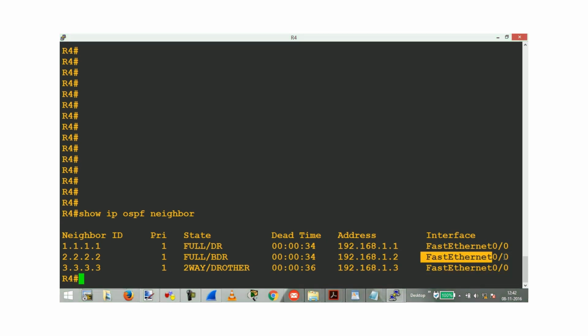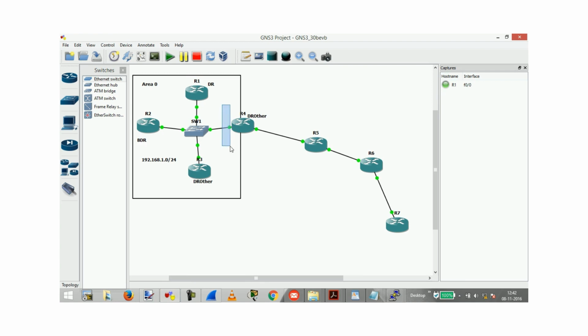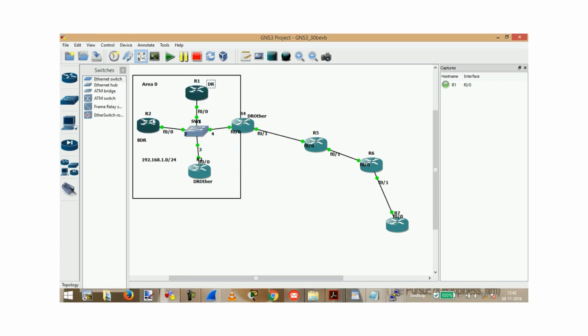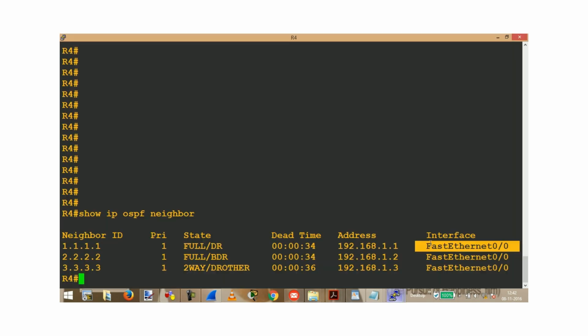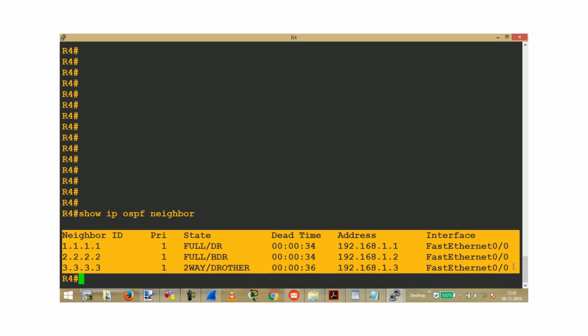R4 has discovered all of these neighbors via the F0/0 interface, because R4 received R1's hello message, R2's hello message, R3's hello message on the F0/0 interface. So via that interface, those neighbors have been discovered.